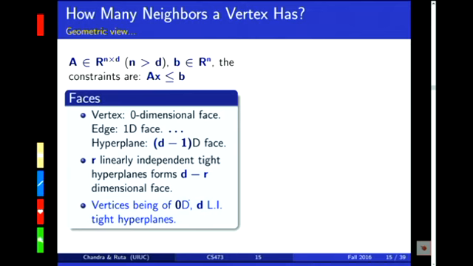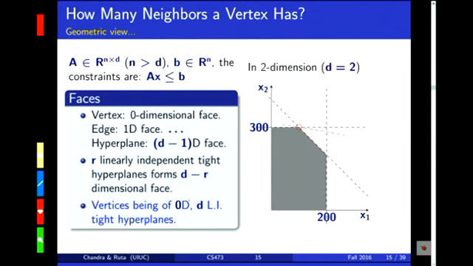So in 2 dimensions, if this is a vertex, then we need 2 linearly independent lines to meet. They cannot be linearly dependent, like this line and this line, which are x1 equals 200 and x1 equals 0. They will never meet because they are parallel. So to form a vertex in 2 dimensions, you need 2 linearly independent constraints or hyperplanes to meet. In 3 dimensions, there are 3.